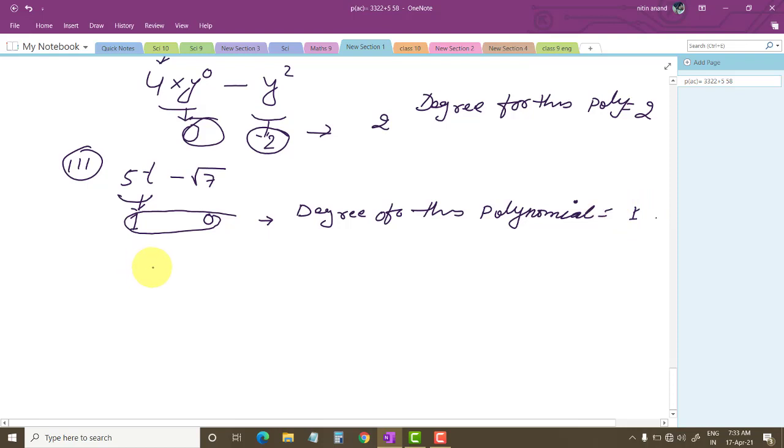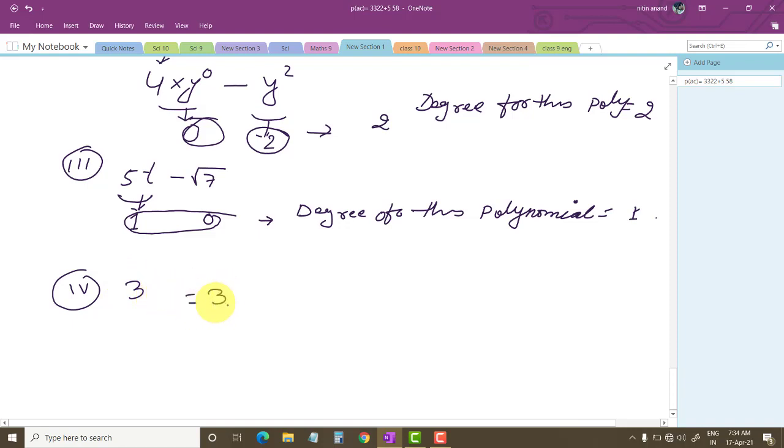Now the next question, question number 4. It asks the degree of 3. We know it is a constant term, and the degree of a constant term is 0.